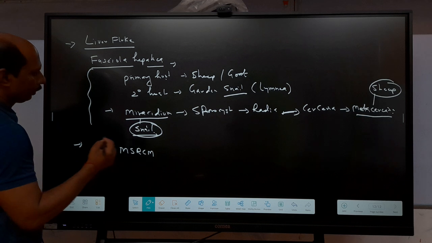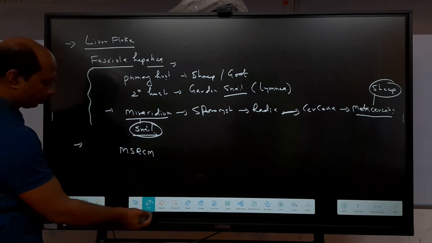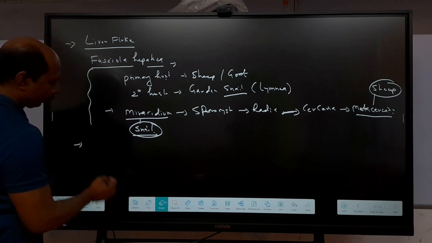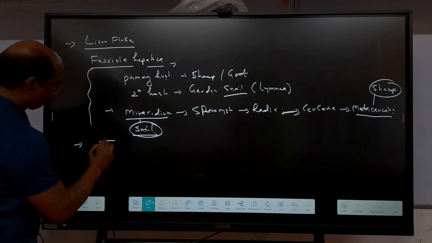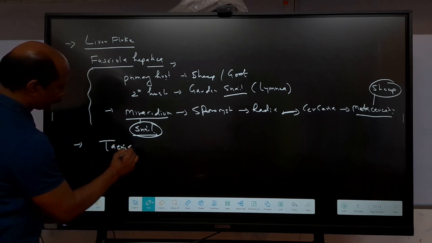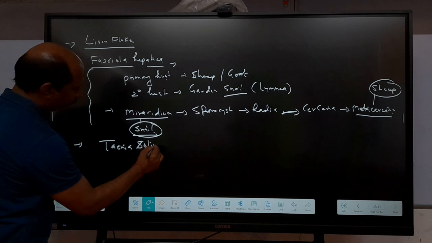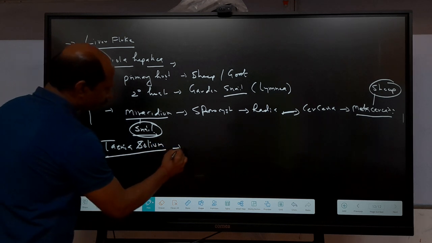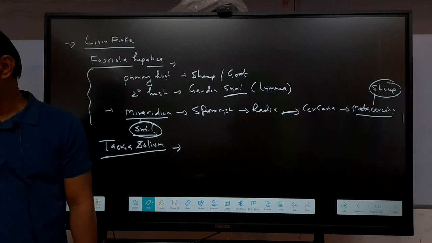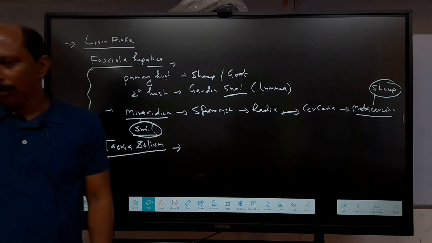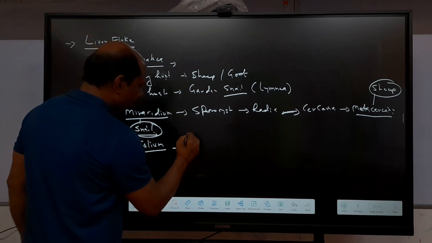Another one, not a fluke, is our Taenia solium. It also has different larval stages, right? In Taenia solium we also have 2 hosts.